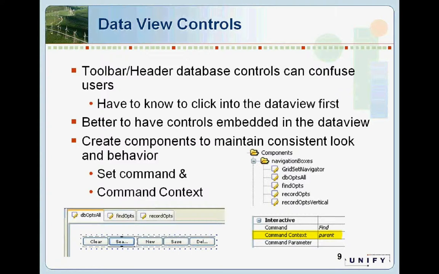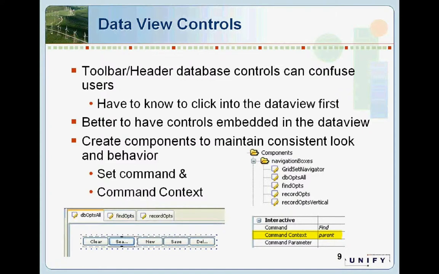They expected to do a new search on the main form, but instead they get a new search on the child data view. So my recommendation, and when we get to toolbars we'll mention this again, is to have the top-level toolbar only work on the form and have embedded controls in each of the embedded data regions that work against that data itself. And again, we'll see this in the demonstration in just the next slide here.